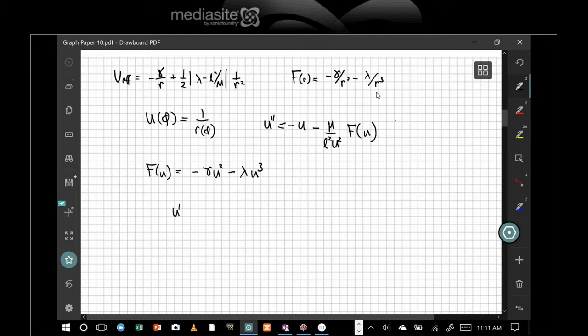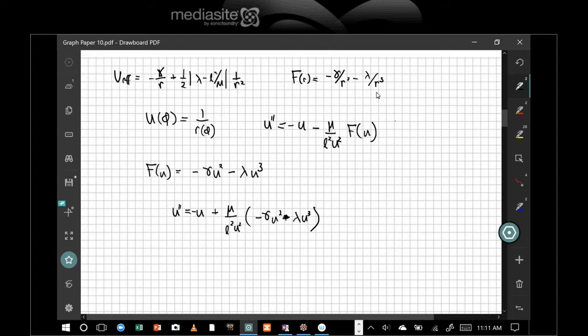I'm going to get u double prime is equal to minus u, and then here I'm going to get plus mu over L squared u squared, and then minus gamma u squared minus delta u cubed. So the problem looks very similar to what we did for the Kepler problem, except we have this now u cubed term. It's going to be a linear term.